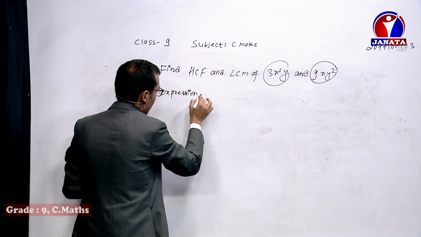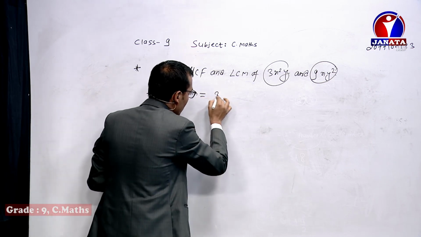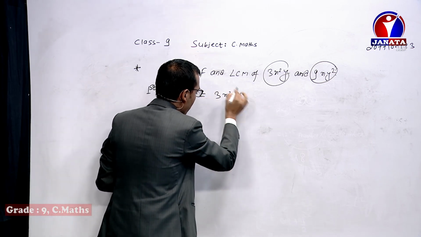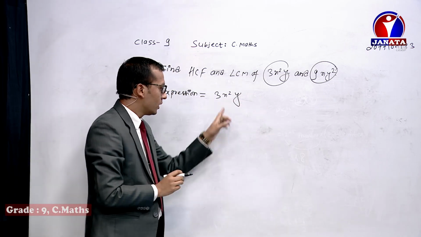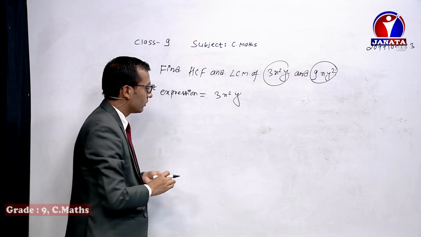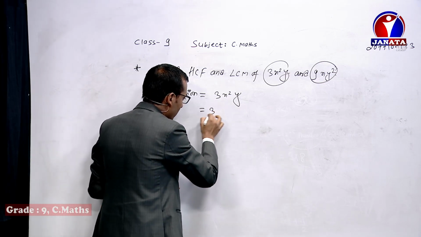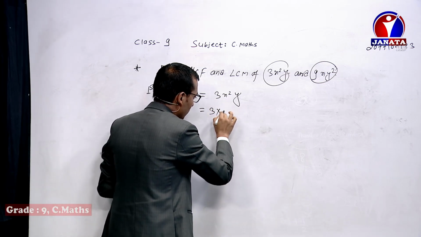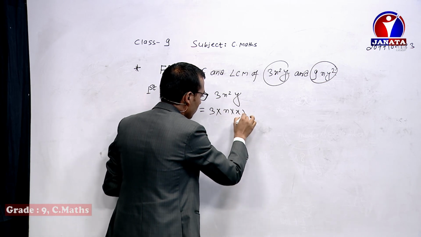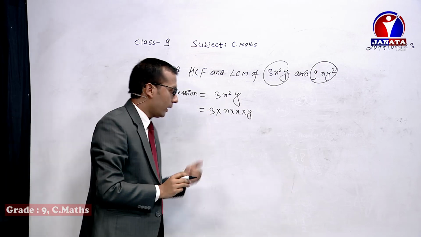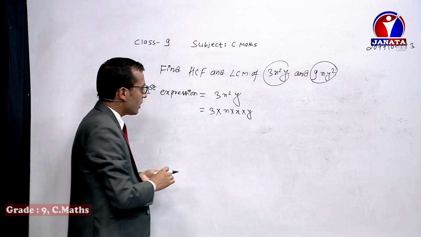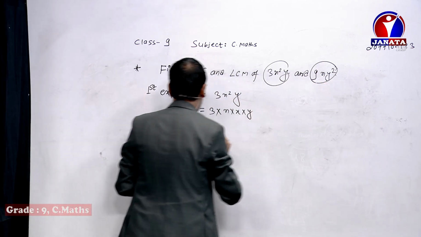First expression here is 3 x square y. Let's factorize this expression. 3 is same times x square, we can write x times x multiply by y. These are the factors.